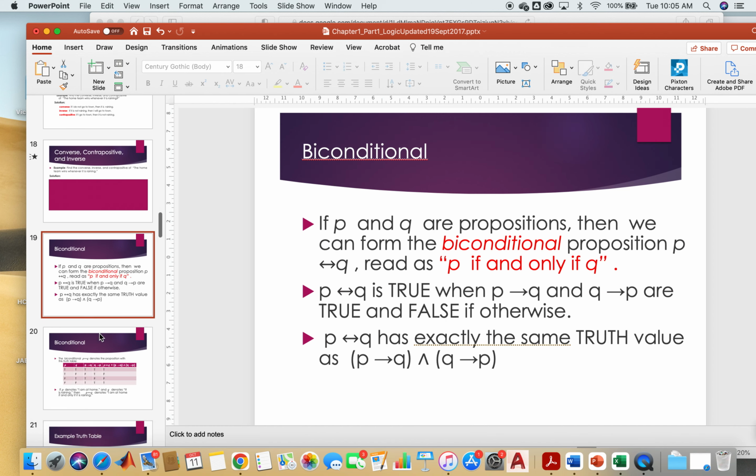Okay. For the connective or, we have inclusive or and exclusive or. For the inclusive or, if one or both of P and Q must be true, then the inclusive or applies. In the example here, students who have taken CS202 or Math 120 may take this class.